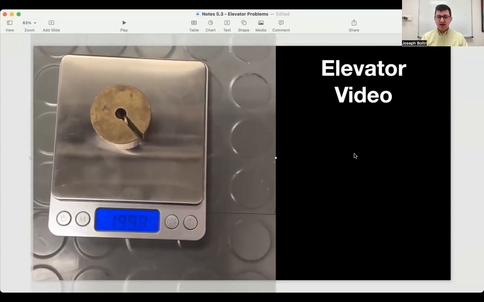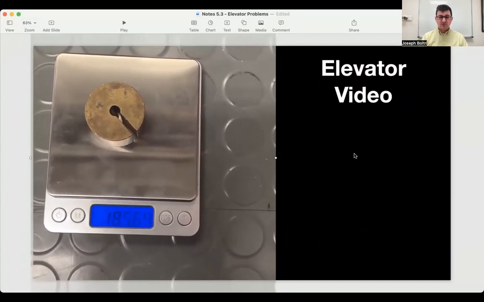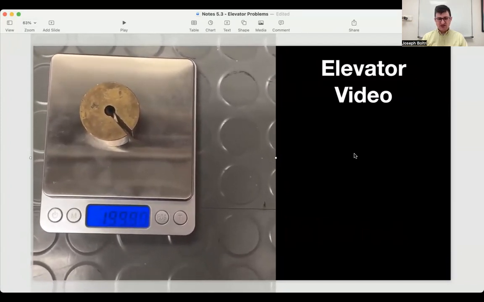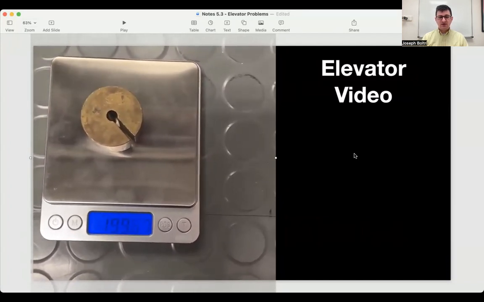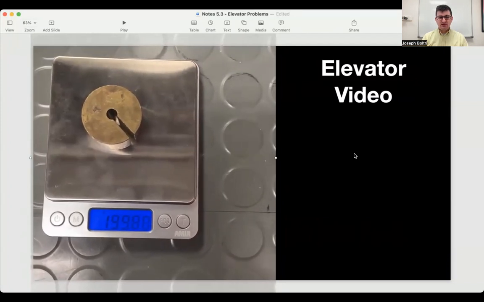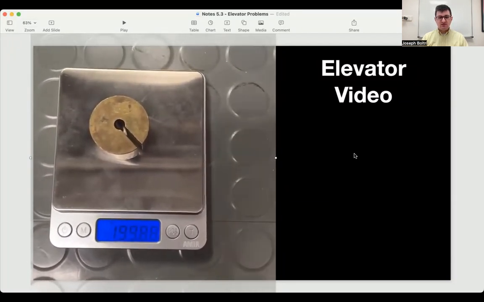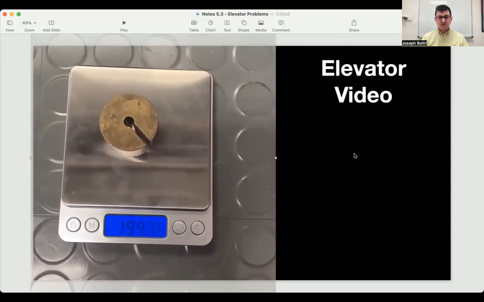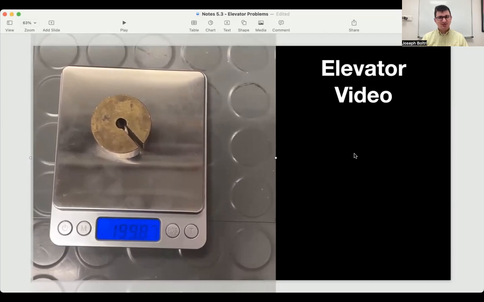Accelerating upward, back to a constant velocity. Slowing down, stationary at the top. The door opens. Press the button to go back down. Accelerate downward, and then constant velocity again. It's really cool.